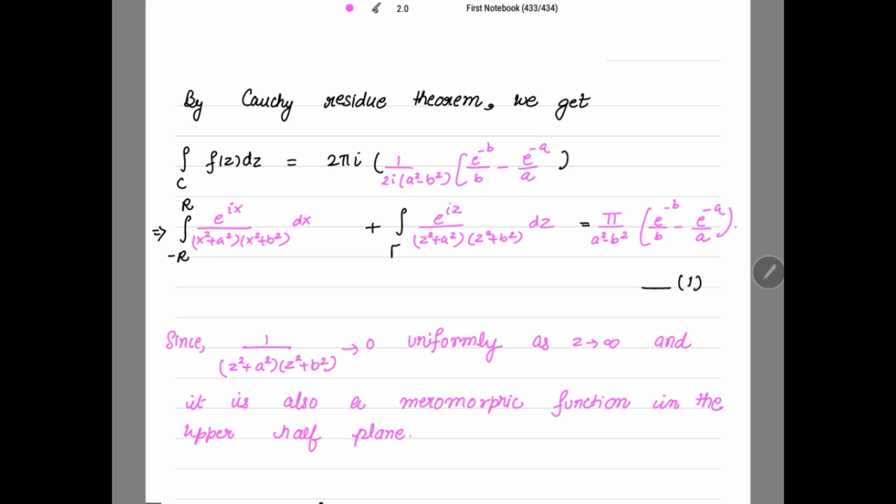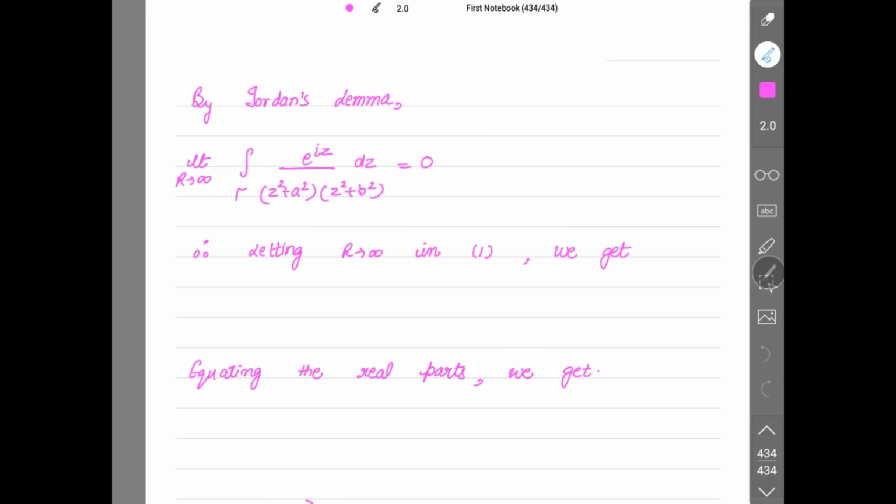Very fine. Now since 1 over z squared plus a squared into z squared plus b squared is tending to 0 uniformly as z tends to infinity, and it is also a meromorphic function in the upper half plane, right? So the second integration, along the tau, when I put the limit R tends to infinity, will be 0. That's what Jordan's lemma says. So this integration is 0. So I have to let R tend to infinity in equation 1.